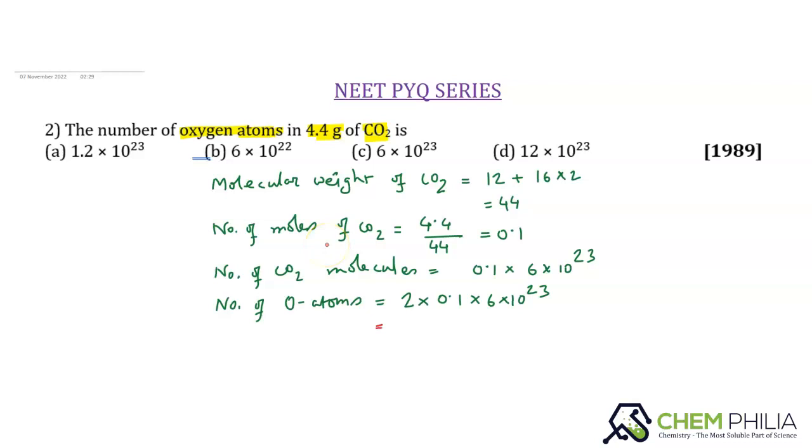It is coming out to be 2 into 0.1, that means 0.2, into 6, that means 1.2 into 10 to the power 23. So this is the number of oxygen atoms present in the given amount of CO2. So option A is the correct answer of this question, right? So I hope you have understood this question, and now we are moving on to the next question.